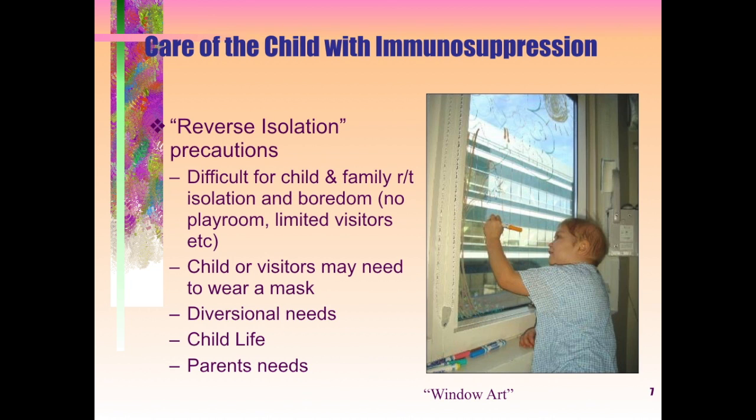Be sure to care for the parents as well as the child. This is very stressful for them. Oftentimes they're not going home. So give them fresh towels, soap, give them the permission to take a break. Go down to the cafeteria, get some coffee, walk outside. They need to take care of themselves as well.